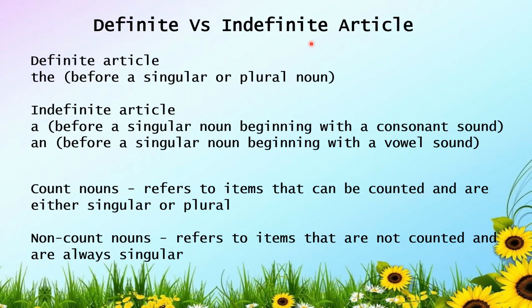For the purpose of understanding how articles are used, it is important to know that nouns can be either countable, or non-countable, indefinite in quantity and cannot be counted. In addition, countable nouns are either singular, just one, or plural, more than one. Non-countable nouns are always in the singular form.